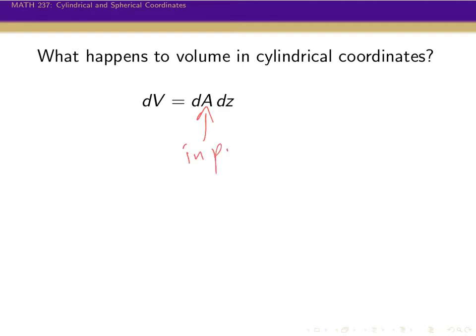In polar, dA equals r dr d theta. So plugging that in gives us what dV is for cylindrical coordinates: this r dr d theta is dA, and dz is dz.